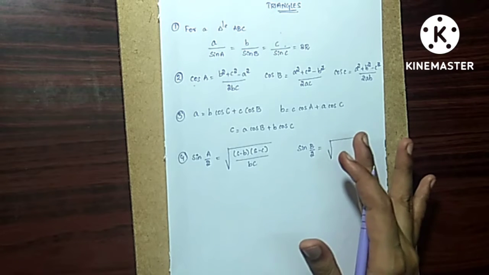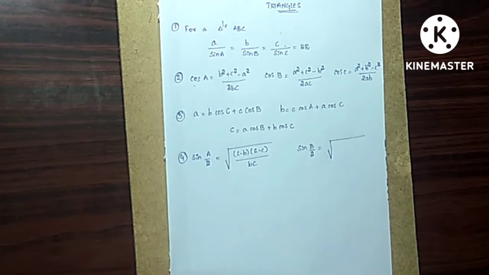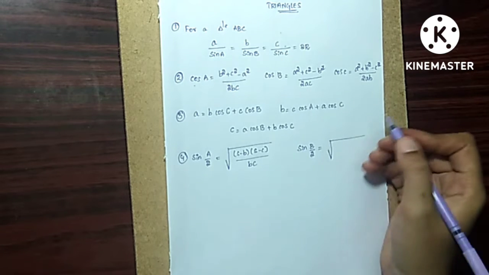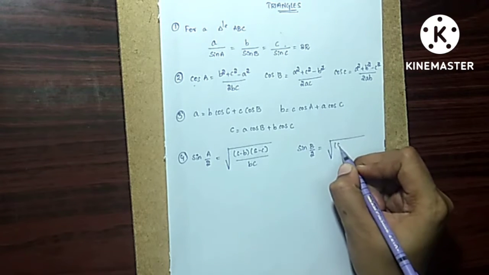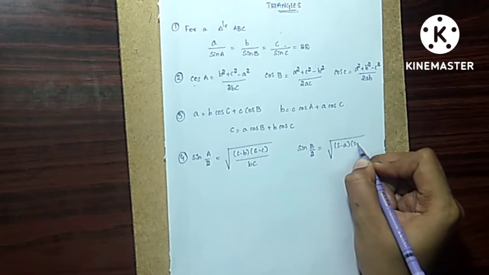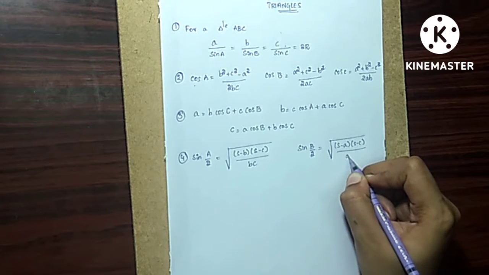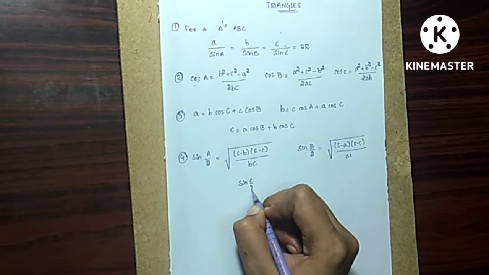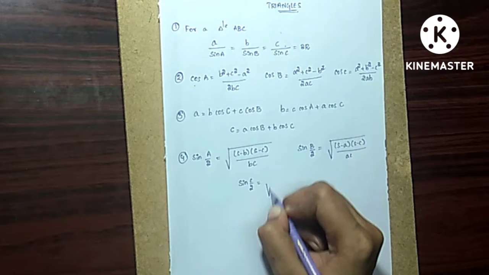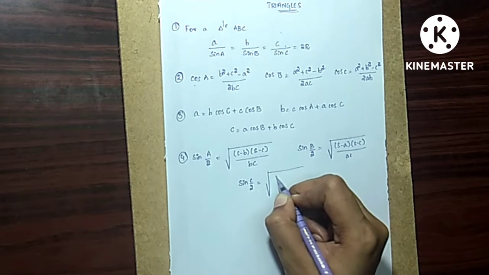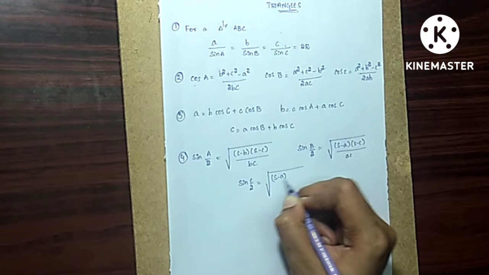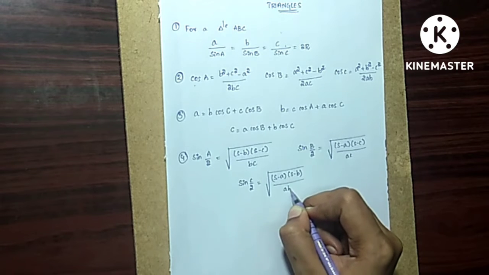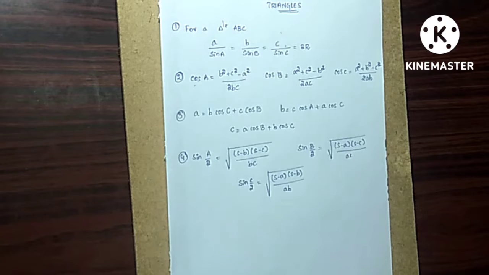These are very important formulas which will apply in every chapter related to properties of triangles. Sin B by 2 is equal to root of (s minus a) into (s minus c) by ac. Now let's tell together the formula of sin C by 2. Come on students, everyone has to speak. Sin C by 2 is equal to root of (s minus a) into (s minus b) by ab. That's it, students. These are our important formulae.